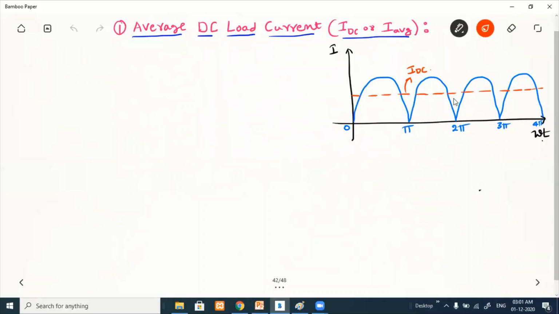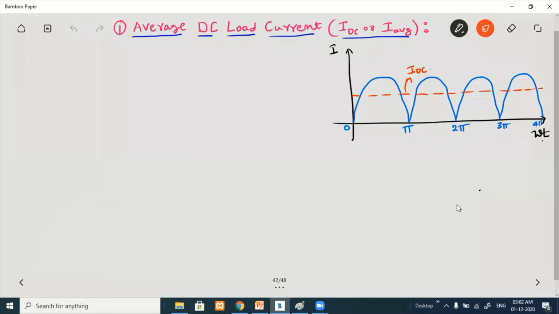Since the output of the center tapped full wave rectifier is pulsating in nature, we must calculate IDC. Consider one cycle of load current IL from 0 to 2 pi to obtain the average value, which is the DC value of load current.